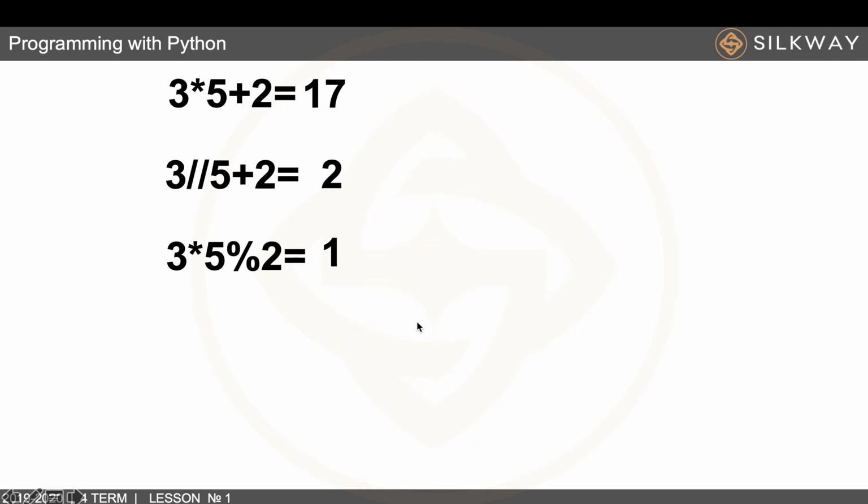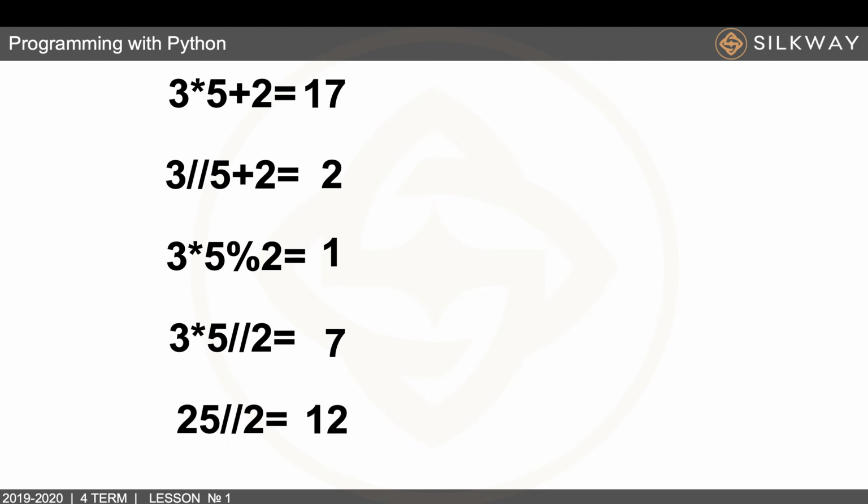Okay, next example. In 3, 2, 1, the result is 7. I hope you will do it correctly. Next one. 3, 2, 1, the result is 12.